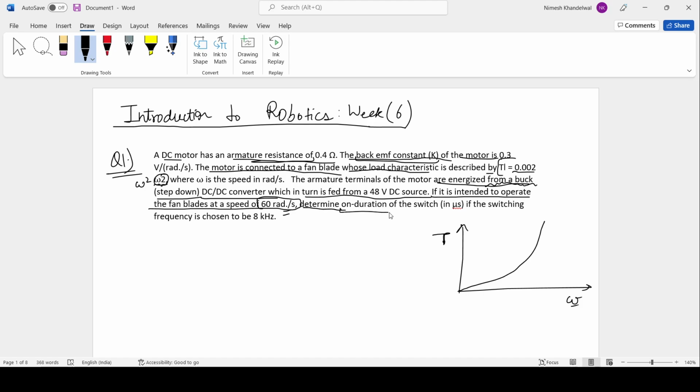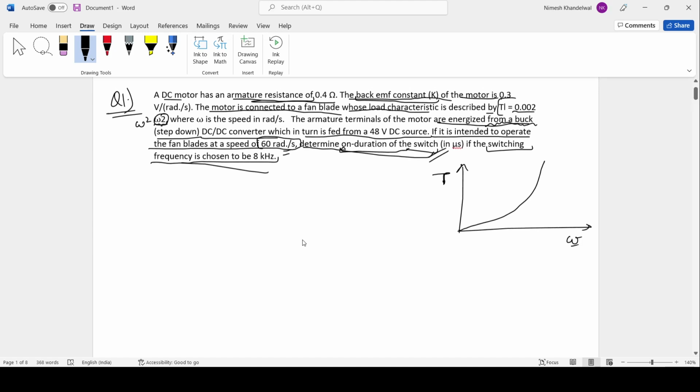Determine the on duration of the switch, if the switching frequency is chosen to be 8 kilohertz. Basically we want the duty cycle of this PWM signal.